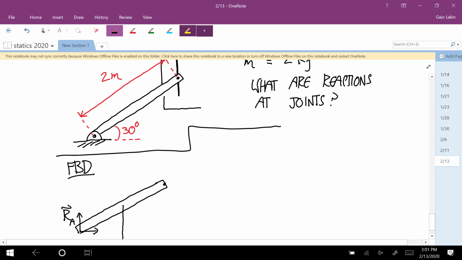So I'm going to draw it like this, but I'll explain what you would get if you drew it the other way. I'll call this RB, and that's just a scalar because you know the direction. Is it wrong if you draw it to the left? No. I'll show you how it gives you the same answer in the end.